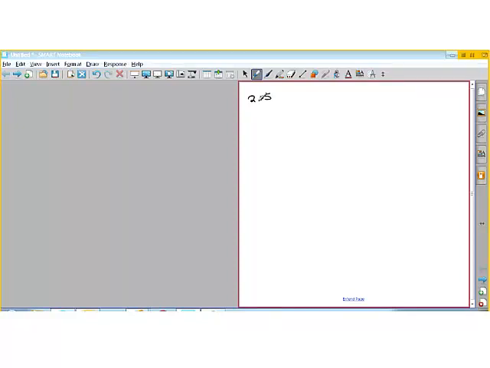The equation of the turtle's position as a function of time is: the position as a function of time is 50 centimeters plus 2.00 centimeters per second times t minus 0.0625 centimeters per second squared times t squared.